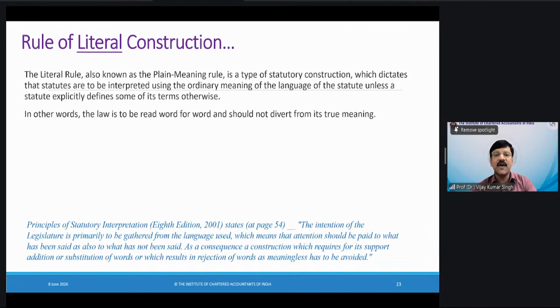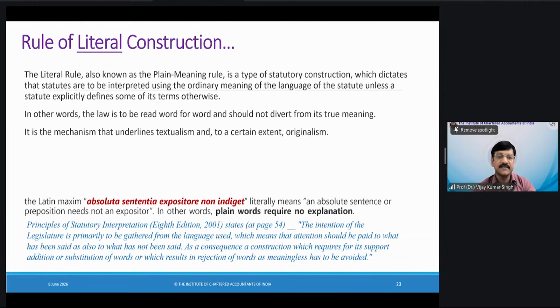So in other words, law has to be read word for word and should not divert from its true meaning, right? So it is the mechanism that underlies textualism. That means you just read the text, black letter law, and you don't go into the interpretation of the words unnecessarily.